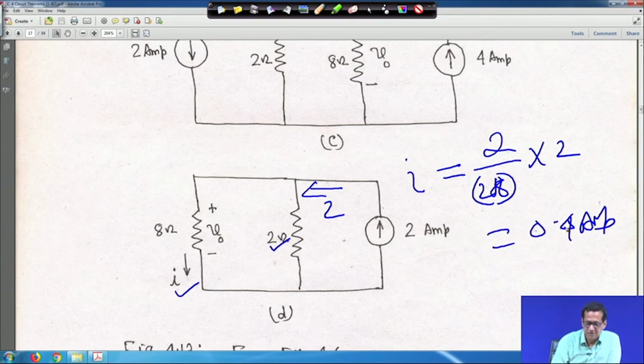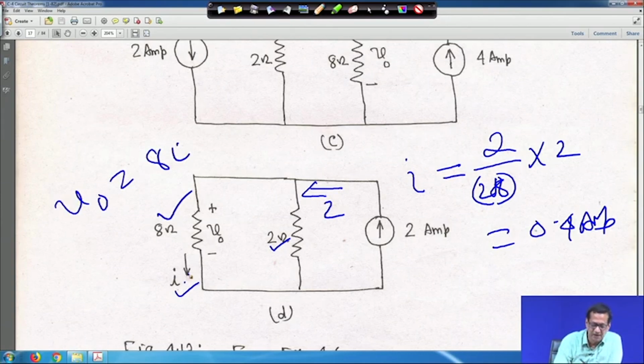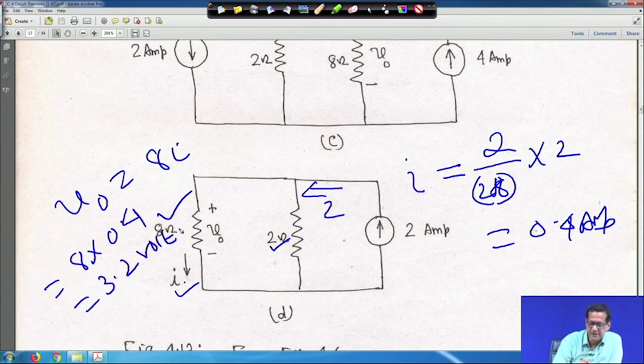So V0 is equal to 8 into I, because this is 8 and this is I, so 8 into 0.4 is equal to 3.2 volt. That should be the answer. So this is how we do it. Let me clear it.